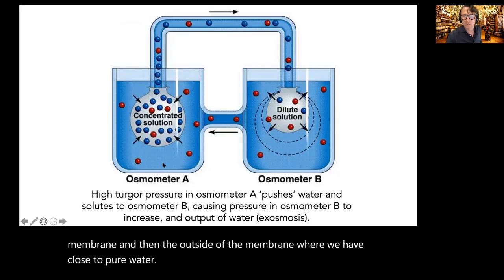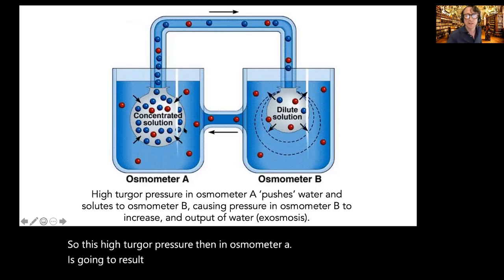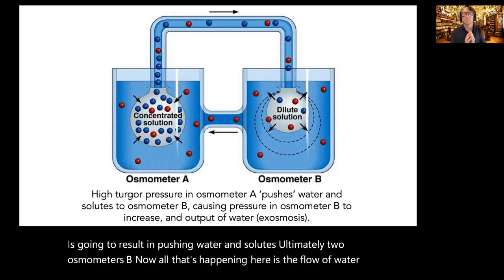Okay. So this high turgor pressure in osmometer A is going to result in pushing water and solutes ultimately to osmometer B. Now, all that's happening here is the flow of water along a water potential gradient.